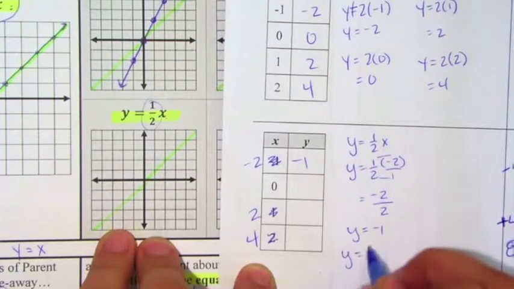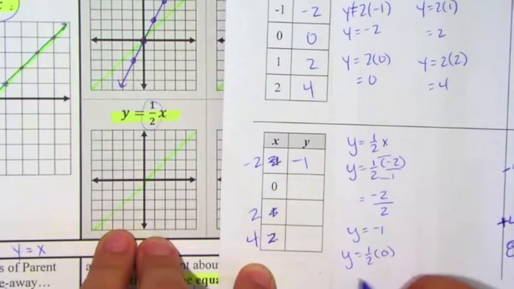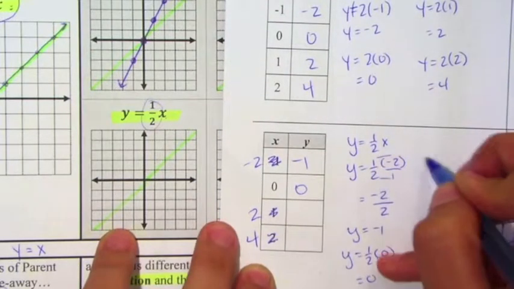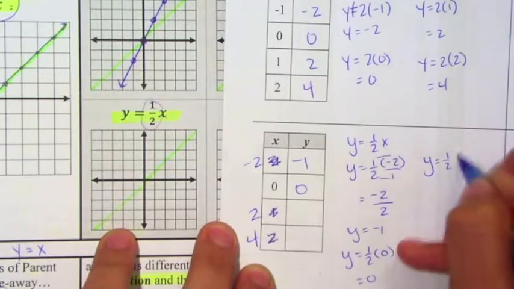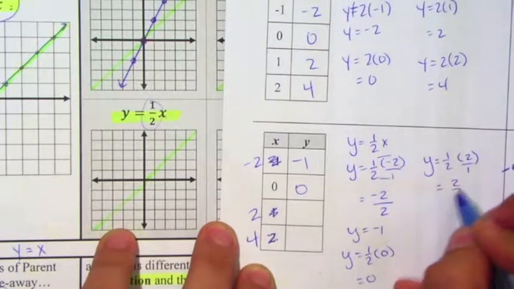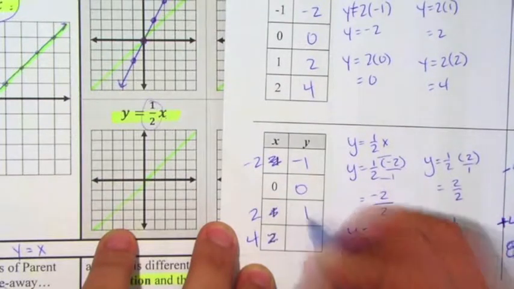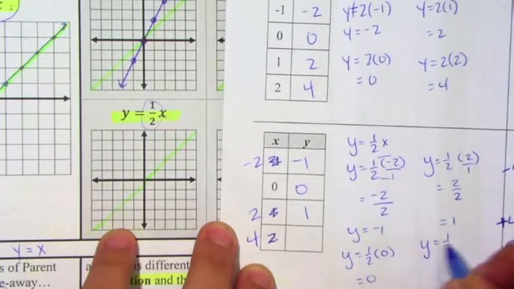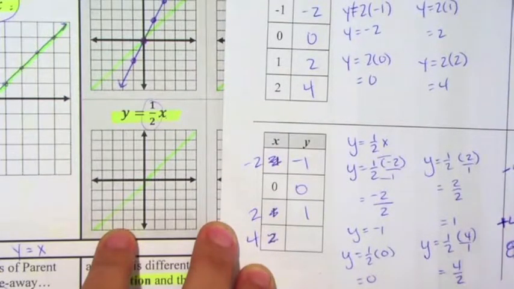Then y equals 1/2 times 0, and anything times 0 is 0. Y equals 1/2 times 2. Put 2 over 1, multiply straight across. Y equals 1/2 times 4. Put 4 over 1, multiply straight across.